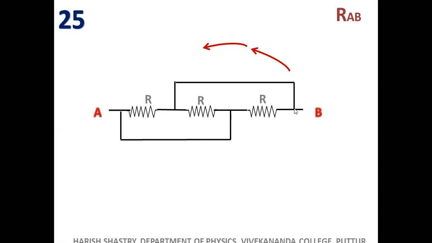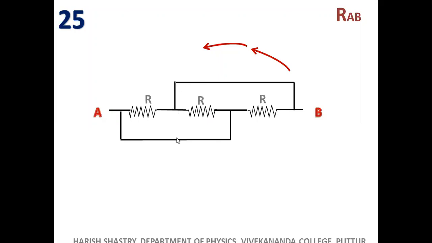No resistor is connected by a wire. No two terminals of the same resistor are connected by a single wire. This connection is for different resistors' terminals. One terminal of this resistor, another terminal of this resistor. That is why it is connected like this. That is why it is not a short circuit. This is not a short circuit. Suppose you had a wire like this here, it would have been a short circuit like this.